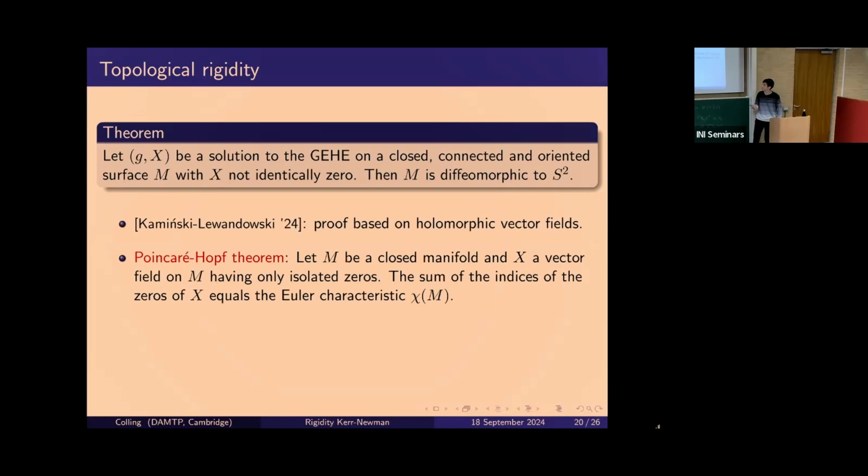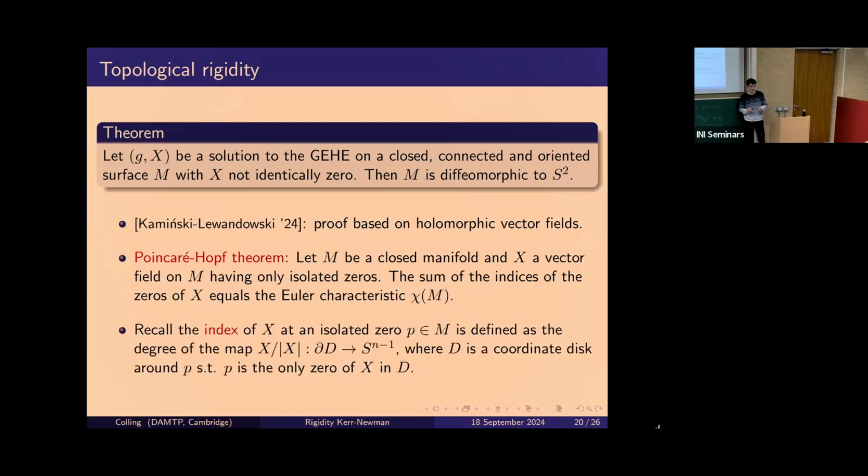So I'll just briefly recall, the Poincaré-Hopf theorem states that if I have a vector field with isolated zeros on a closed manifold, then you can calculate the Euler characteristic of the manifold by summing up the indices of the zeros of x. And the index is defined as follows.